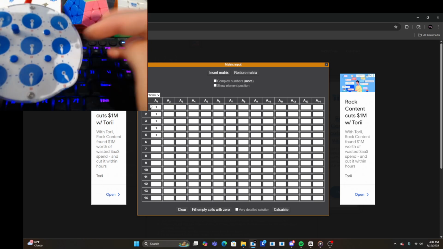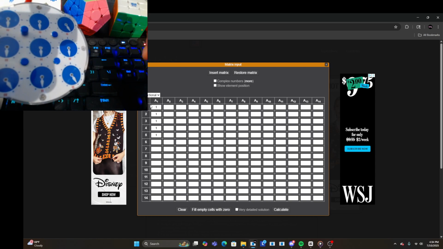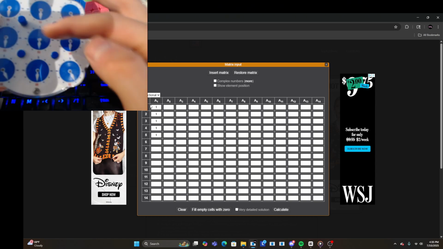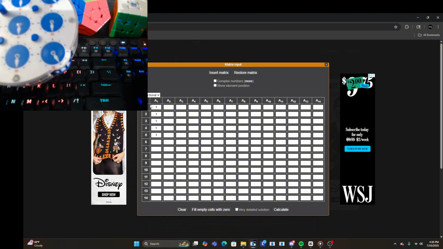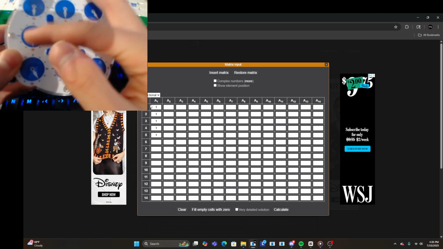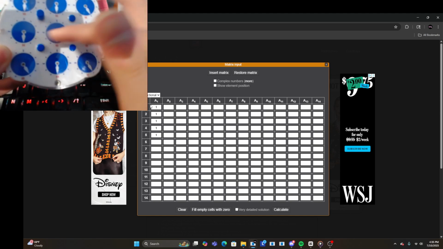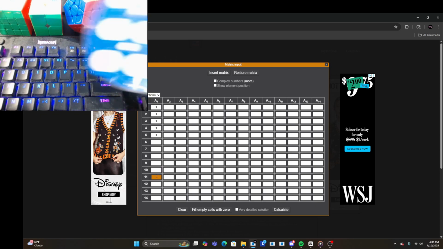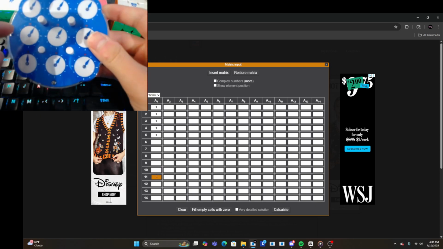Now we can look on the back. Since it's a front move, it hasn't affected any of the cross pieces on the back. So it's kind of obvious, but all the pieces on the back that are in the cross are still at 0, which means 6 to 10 we can leave blank. Then we have the corners.